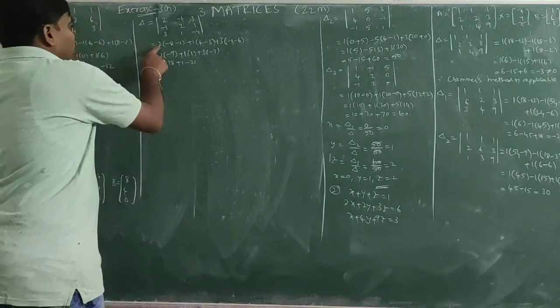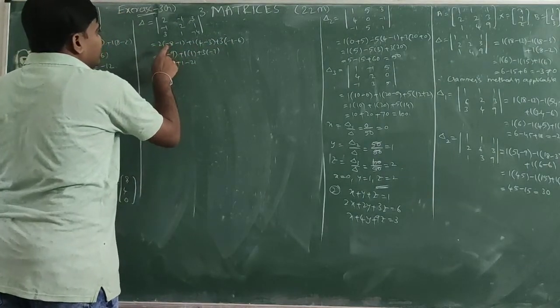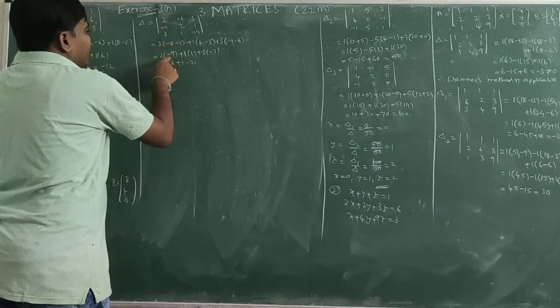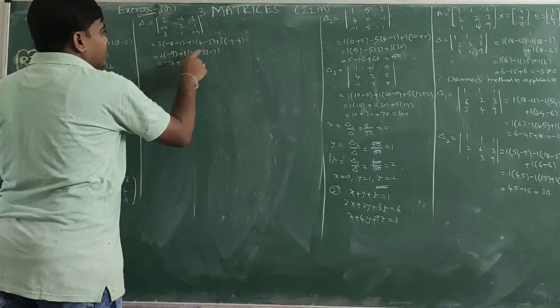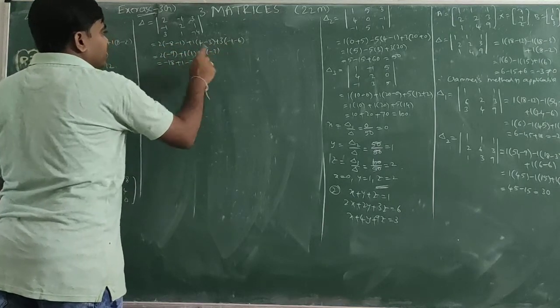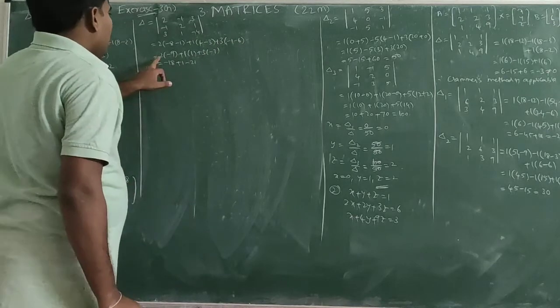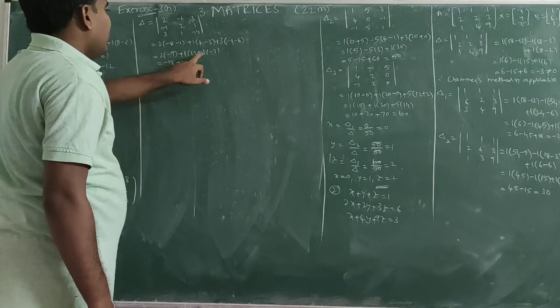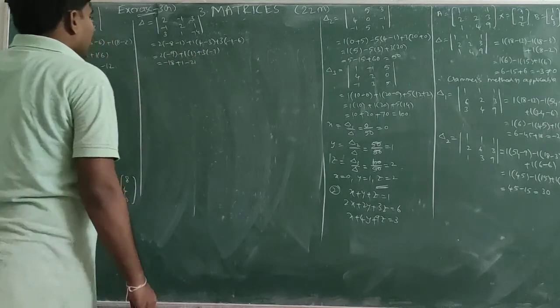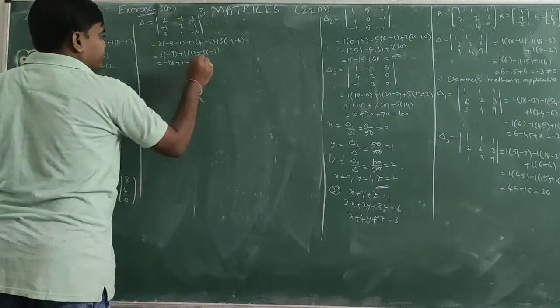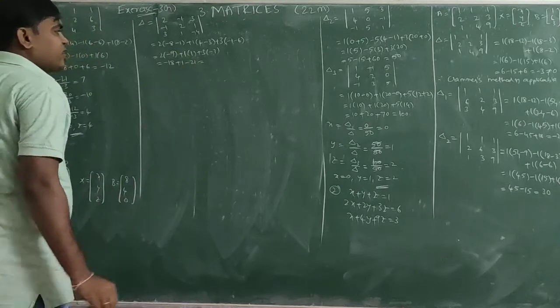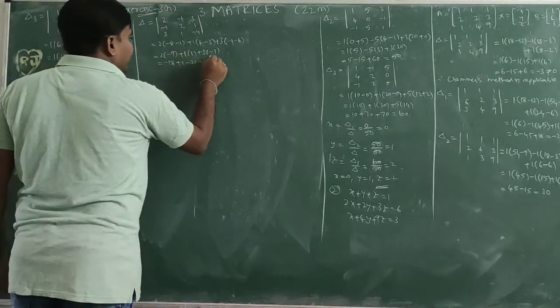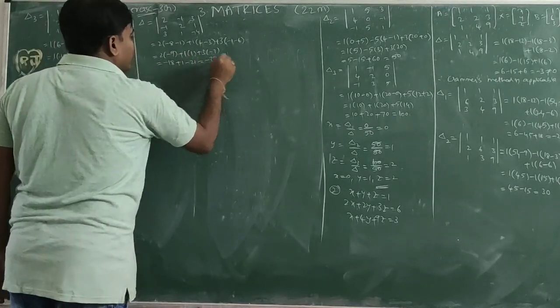Next 2 of minus 8 minus 1, minus 9, 1 of 4 minus 3, 1, plus 3 of minus 1 minus 6, minus 7. 2 into minus 9, minus 18, 1 into 1, 1, 3 into minus 7, minus 21. Okay, next, 1 minus 21, minus 20, minus 18, minus 38, which is not equal to 0.